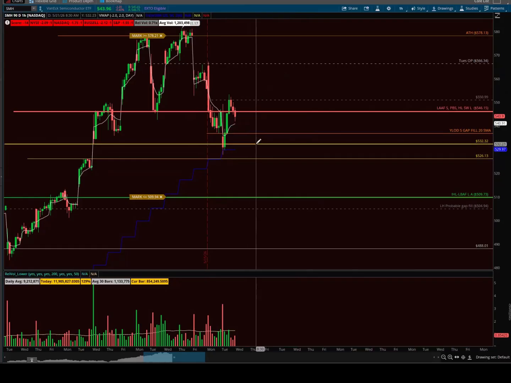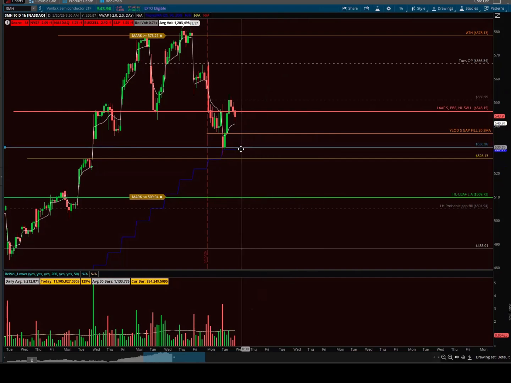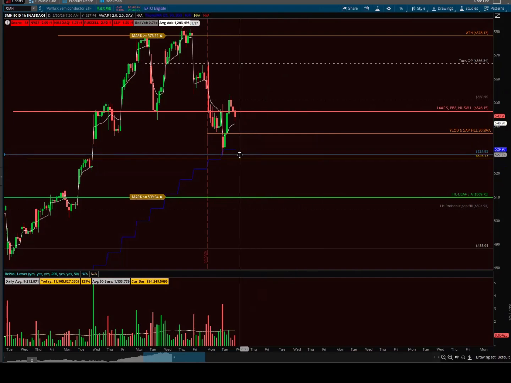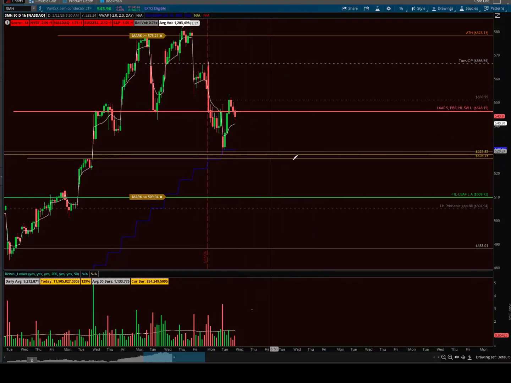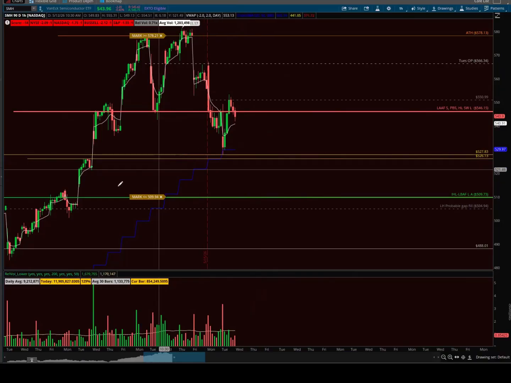But I do find it compelling that we bounced right off the 20 SMA, didn't close the entire gap, and gave a nice recovery today. I do think that is all pretty compelling.